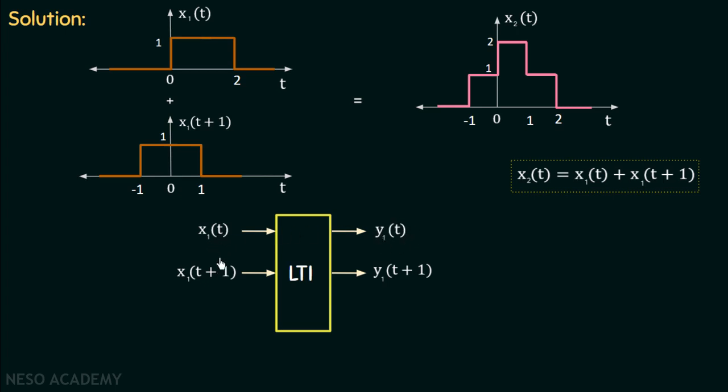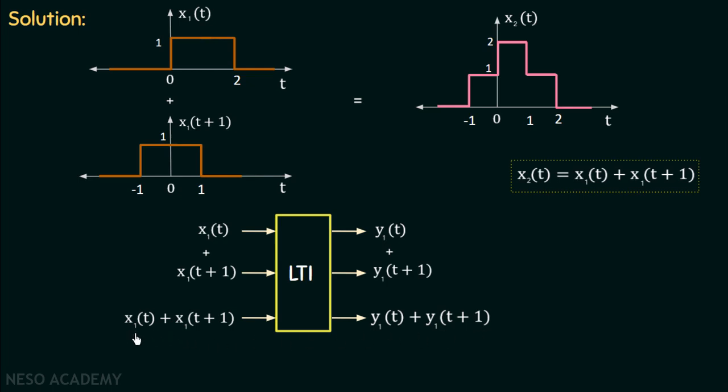Now, if I add these two functions, then we will have x1(t) plus x1(t+1), and by the linearity property its response will be the individual addition of these two responses, and it will be equal to y1(t) plus y1(t+1). This is the property of an LTI system. It is following the properties of both the linear systems and the time invariant systems.